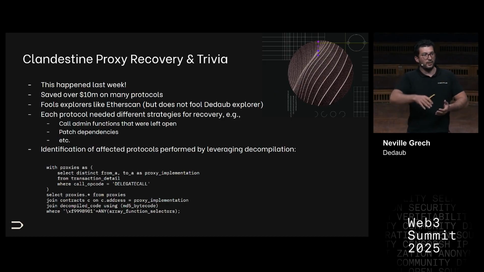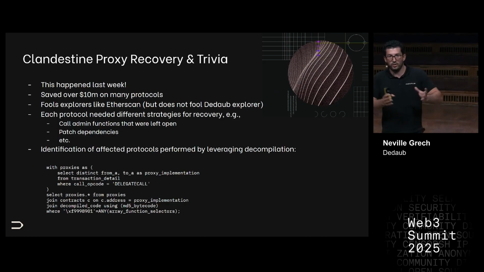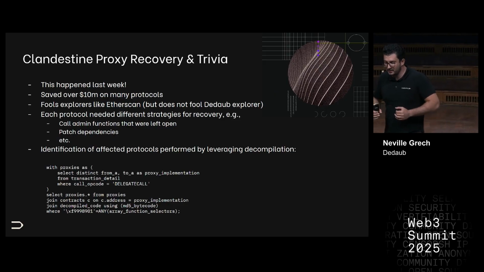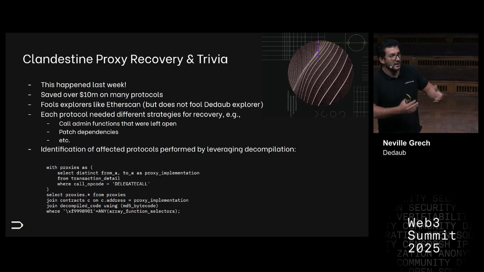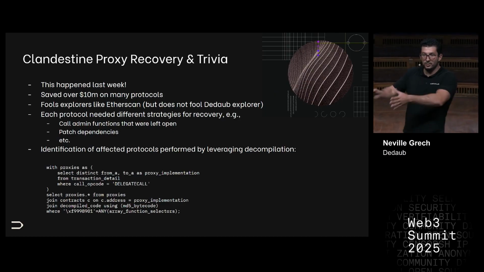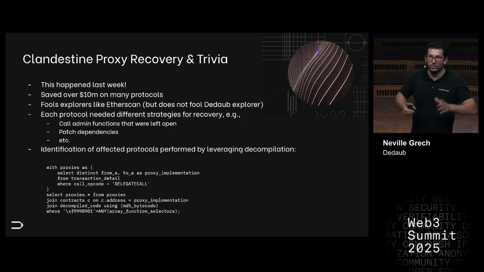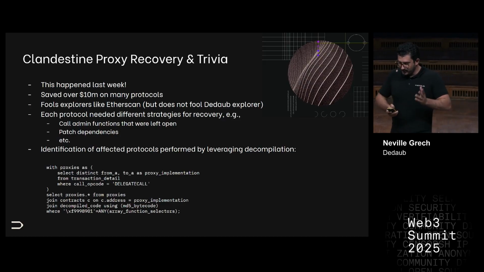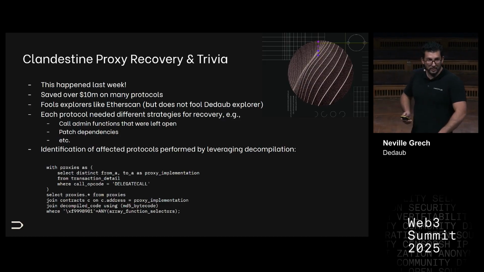We looked for that logic on all the smart contracts deployed on chain, and we found all the malicious proxies that were deployed by this attacker. And then once you do that, you can figure out what protocols have been attacked by this proxy. So that was a very, very cool story.